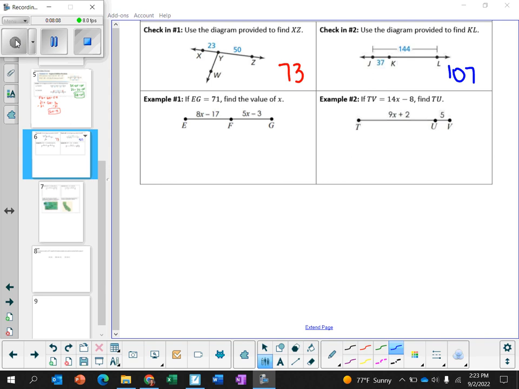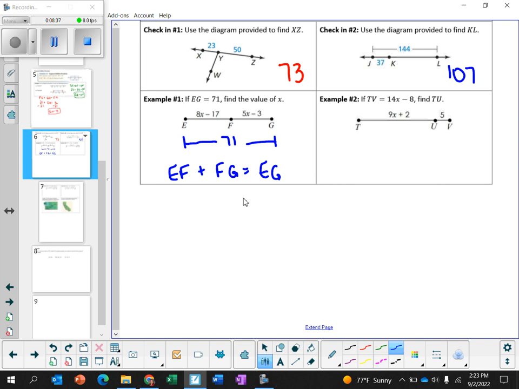The next examples are probably the trickiest ones we'll do today. So if they're telling us the whole thing EG equals 71, we want to find the value of x. So now there's two different x's in the problem, and we know the whole thing equals 71. So if I go back to my equation, and I know that EF plus FG equals EG, right?